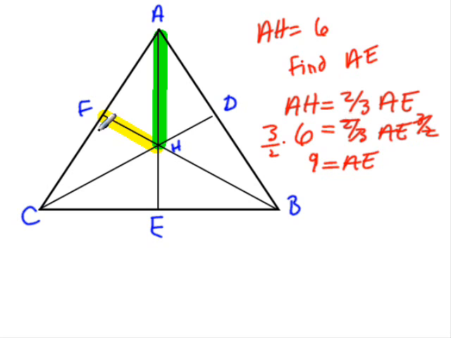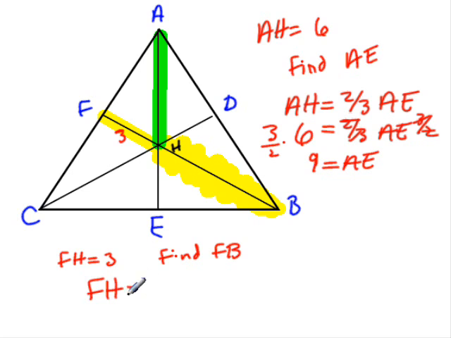And for our last problem, FH. FH is equal to, let's say, 3. Well, if FH equals 3, we want to find FB. Now notice that BH is my 2/3 segment, right? BH is the 2/3. So if BH is the 2/3, that means that FH is 1/3 of FB.